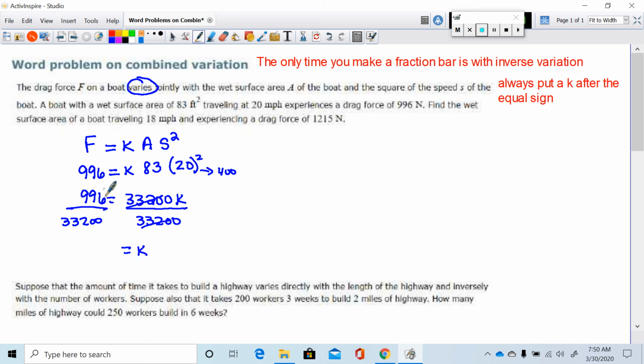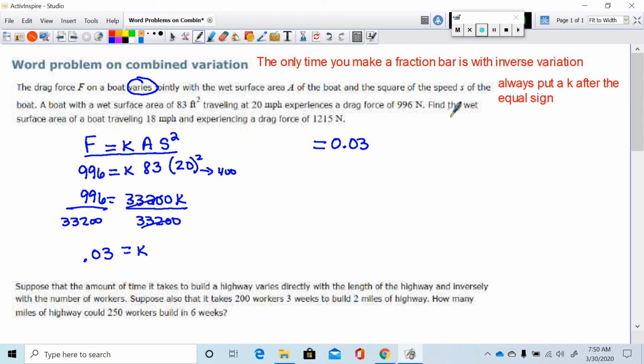So 996 divided by 33,200 is 300ths, so 0.03. That's your value for k. So you're going to use the exact same equation that you came up with at the beginning, only this time we know a value for k.